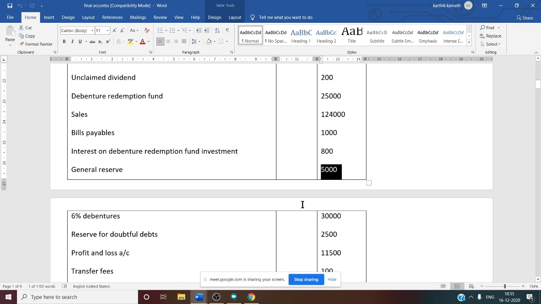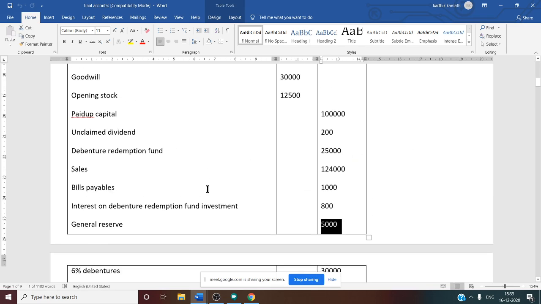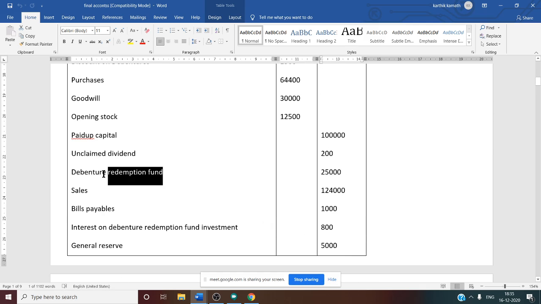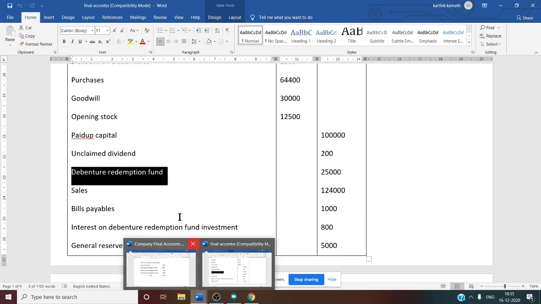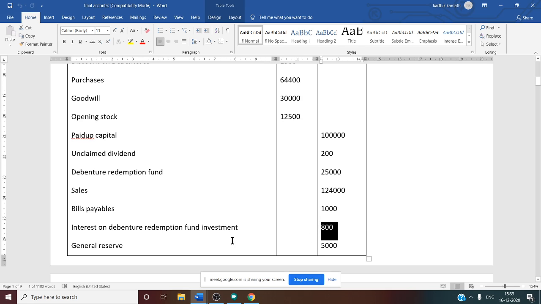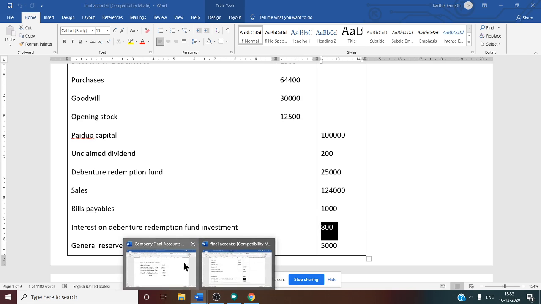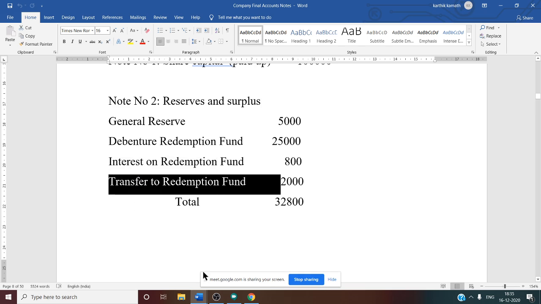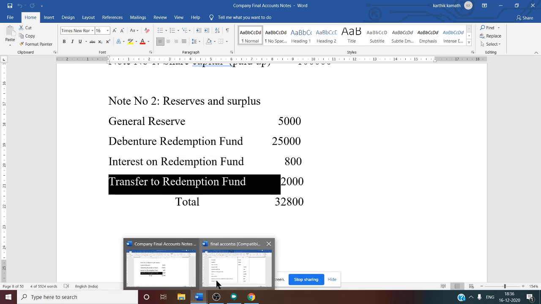To this reserve, we have to add all other funds. Where is the other fund information given? See, there is debenture redemption fund 25,000. You have to add that. Then interest on debenture redemption fund investment 8,000, that you have to add as well. Then the transfer to debenture redemption fund is given in the adjustment.